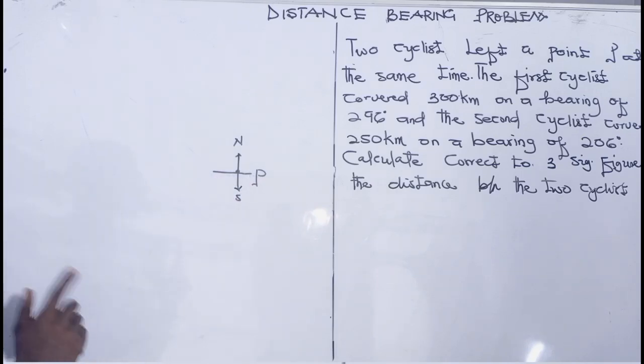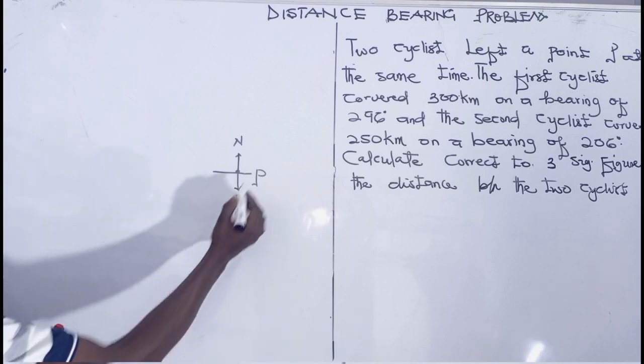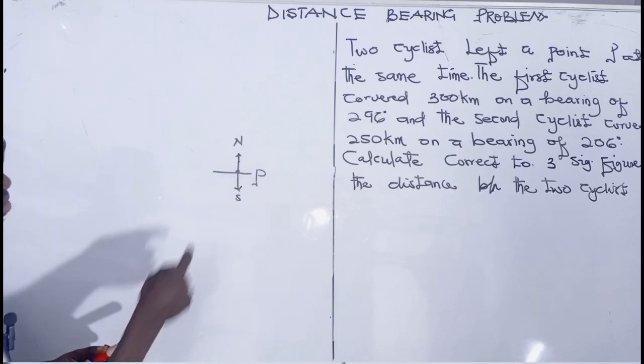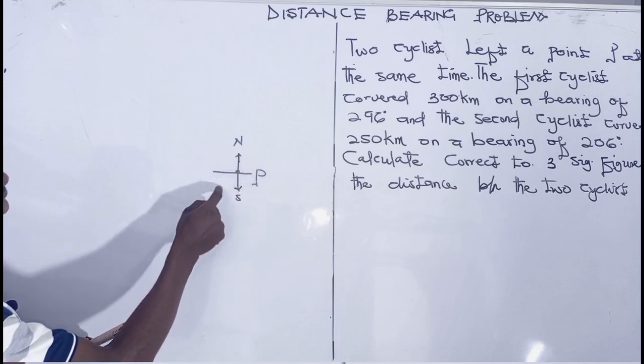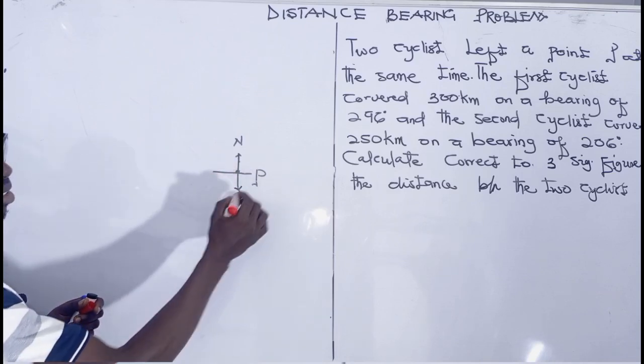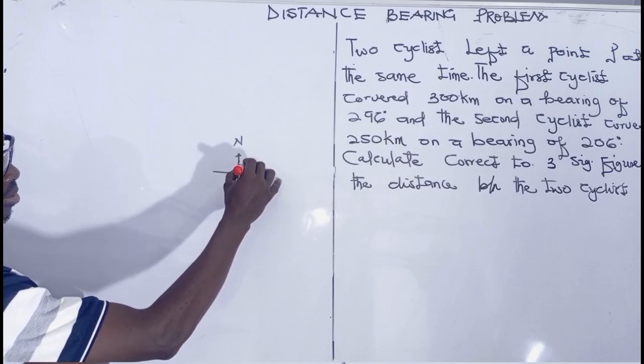On a bearing of 296 degrees, and as we have already learned, in bearing, angles are measured from the north in a clockwise direction. And we know that if you start measuring from the north in a clockwise direction, 296 will be in this quadrant, right?